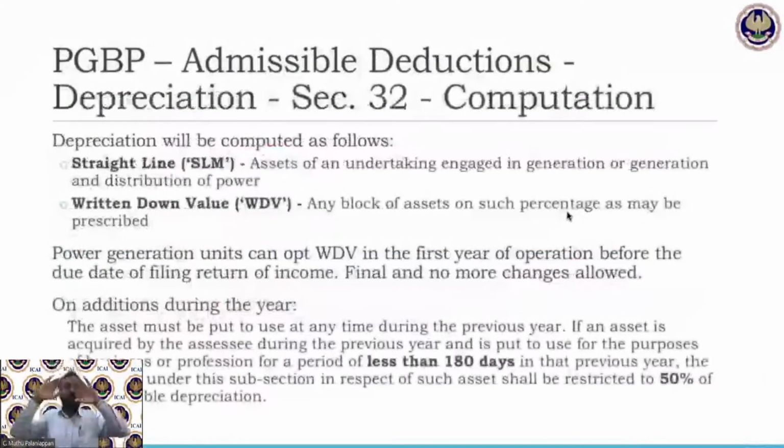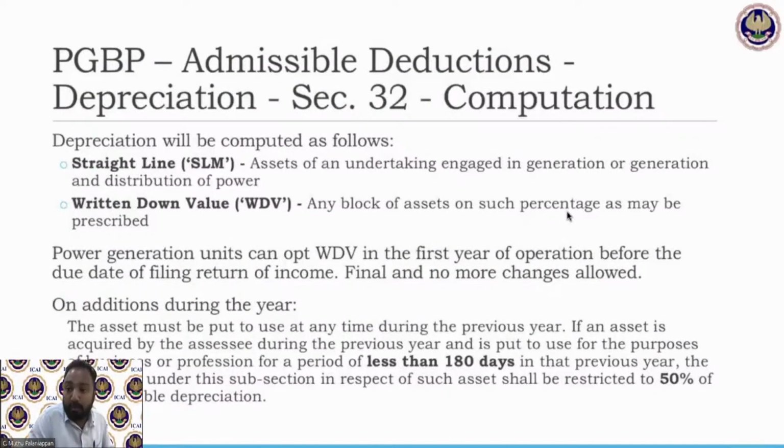Now, that is about the 3 rules. We said: specified asset, used for the purpose of business, wholly or partly owned by the assessee. These are the 3 conditions. Once you have satisfied these 3 conditions, once it is decided that it is a specified asset that is used by the assessee and owned by the assessee, you can provide depreciation.